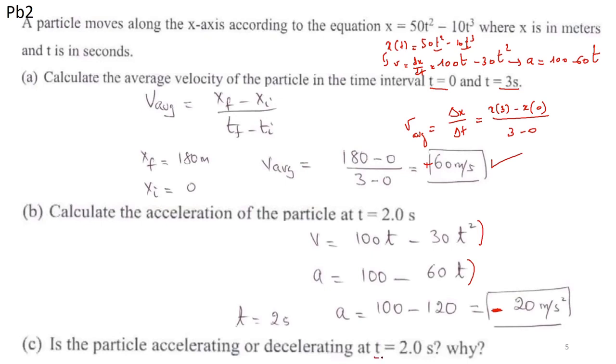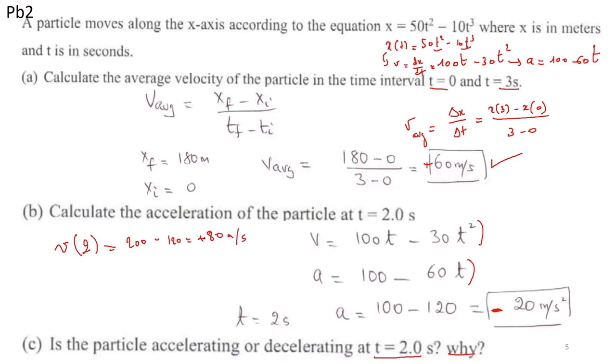Now, since I get the acceleration of minus 20, I will ask you, is the particle accelerating or decelerating at t equals 2 seconds, and why? First, the velocity at t equals 2 seconds. I just replace time by 2, and if you do it, you get 200 minus 120, so basically plus 80 meters per second.